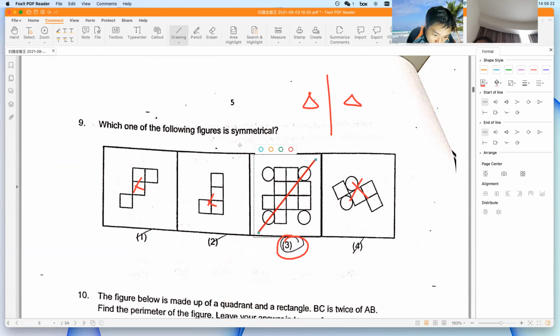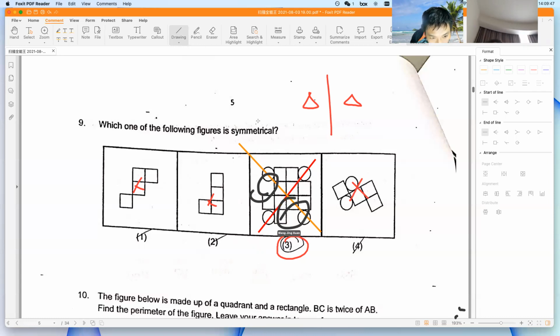Then what about this way? We change the color. This way is, okay. This way is, oh, it's not, okay? If I go for the orange one, it's not, because of this part.